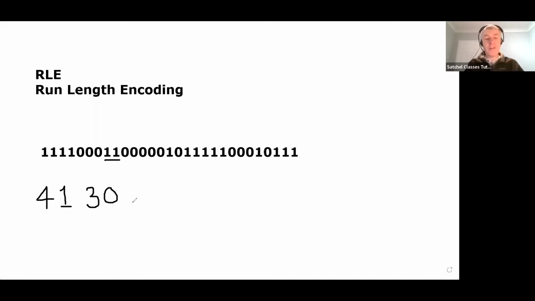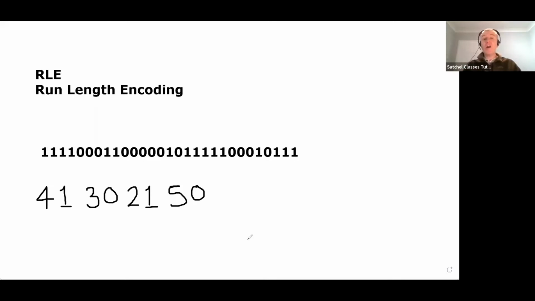We've got 2 ones next, followed by 5 zeros. I won't make you sit through the whole lot, but you get the idea. And that's run length encoding in a nutshell. So this is this binary string compressed as RLE.